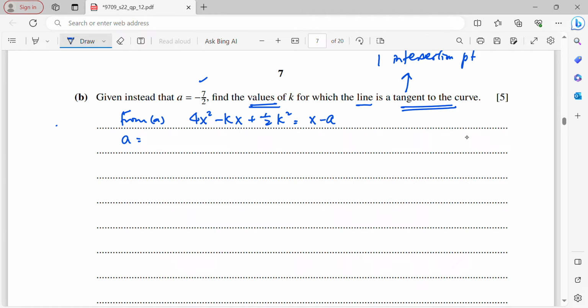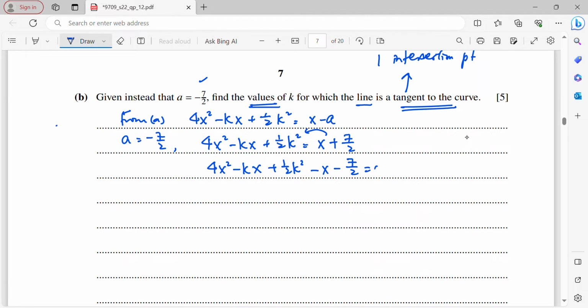Now given a equals negative 7 over 2, that means this becomes 4x squared minus kx plus half k squared equals x, now minus a, your a is minus, so minus minus is a plus, so plus 7 over 2. Now I will move all the terms to the left hand side. So 4x squared minus kx plus half k squared minus x minus 7 over 2 equals 0.